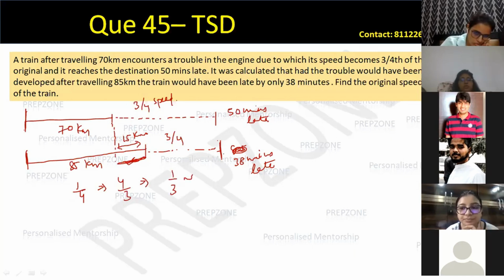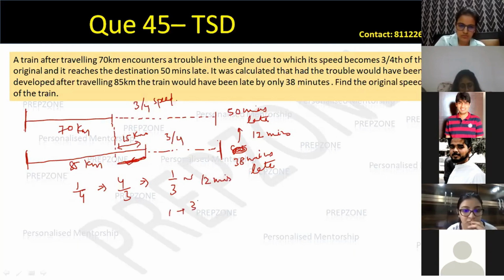And I know second case mein 38 minutes late, and first case mein 50 minutes late. So net difference is what? 12 minutes. So this 1/3 ka increase actually corresponds to 12 minutes. So 1 unit ka difference will be 36 minutes. Okay. Which means if I have to calculate the original speed of train, I know yahan pe time kitna lag raha hai?